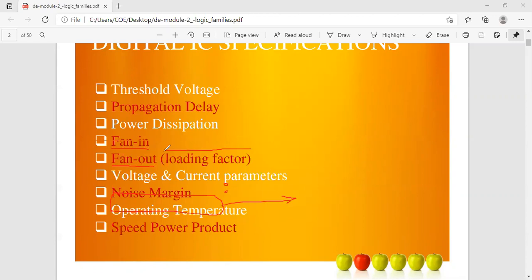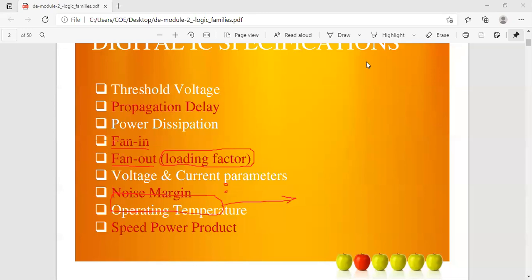In some books, fan out is represented as a loading factor, meaning how many loads can be connected to the output. Based upon that, it can be defined. So these are two more definitions: fan in and fan out, the number of inputs and outputs.